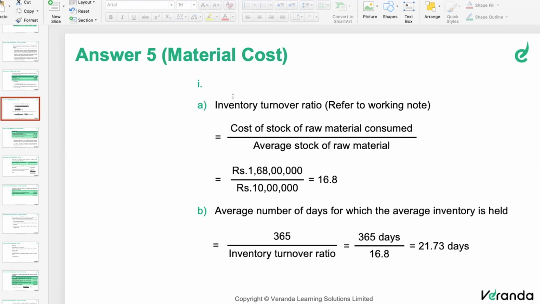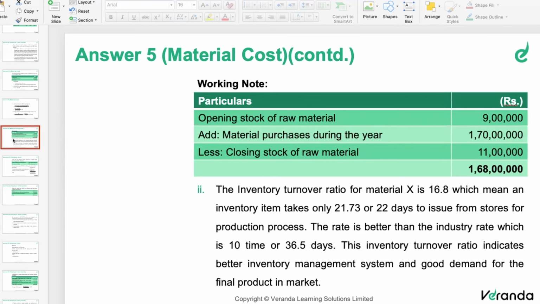With respect to cost of raw material consumed, how to compute it? Opening stock is there, purchase is there. Opening stock 9 lakhs, purchase during the period 1 crore 70 lakhs. Therefore, total raw material available comes to 1 crore 70 lakhs plus 9 lakhs, which is 1 crore 79 lakhs. Out of that, after consumption the balance will be at closing stock, which is 11 lakhs.